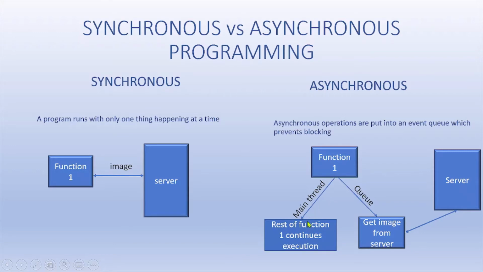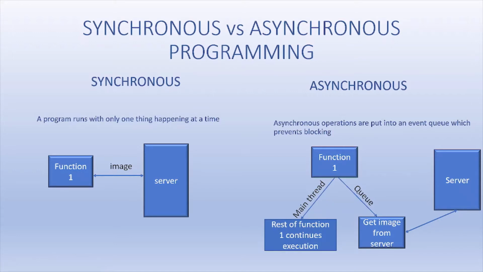Once function 1 has finished execution on the main thread, focus moves to the queue, right? The queue is examined for the instructions that were placed there, and those then are executed in a first in, first out order. So as is mentioned here, asynchronous operations are put into an event queue, which then prevents blocking.